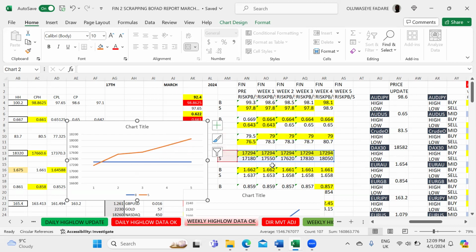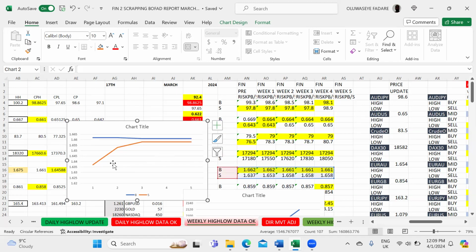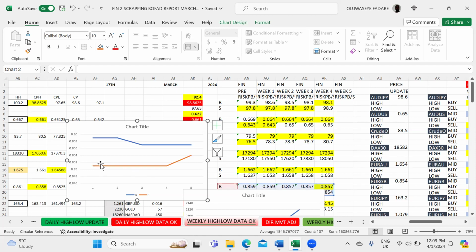See, this one is a buy. Yeah, so this as well was a buy. So at this point, if the price goes above this buy, you come down, sell. Yeah, so sell, then finally buy.